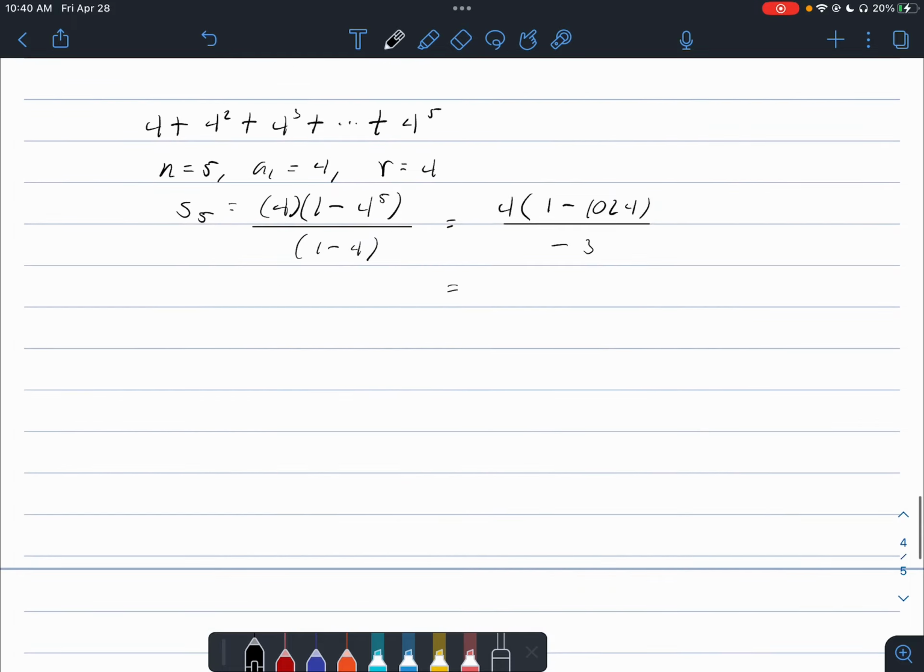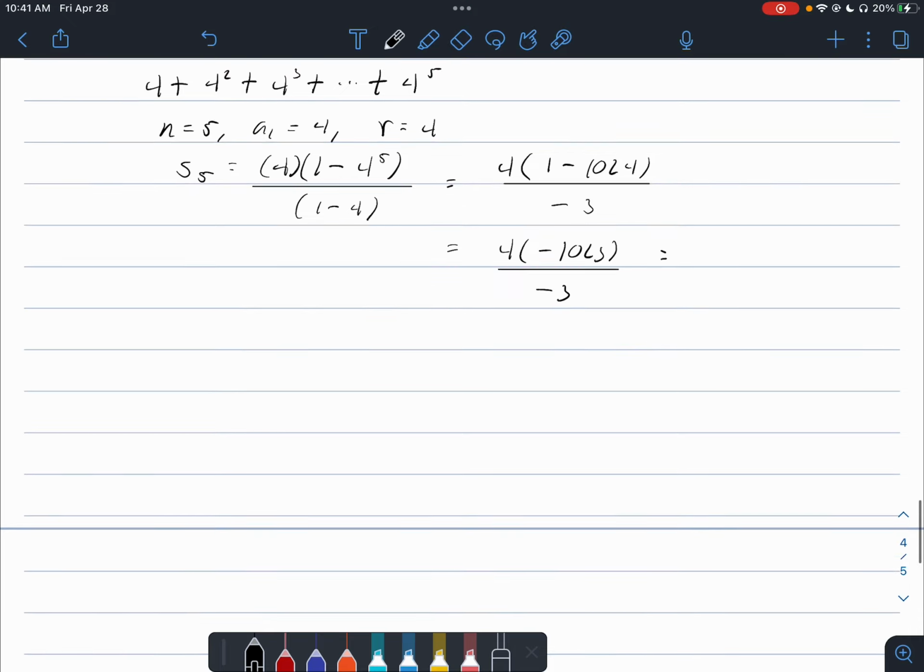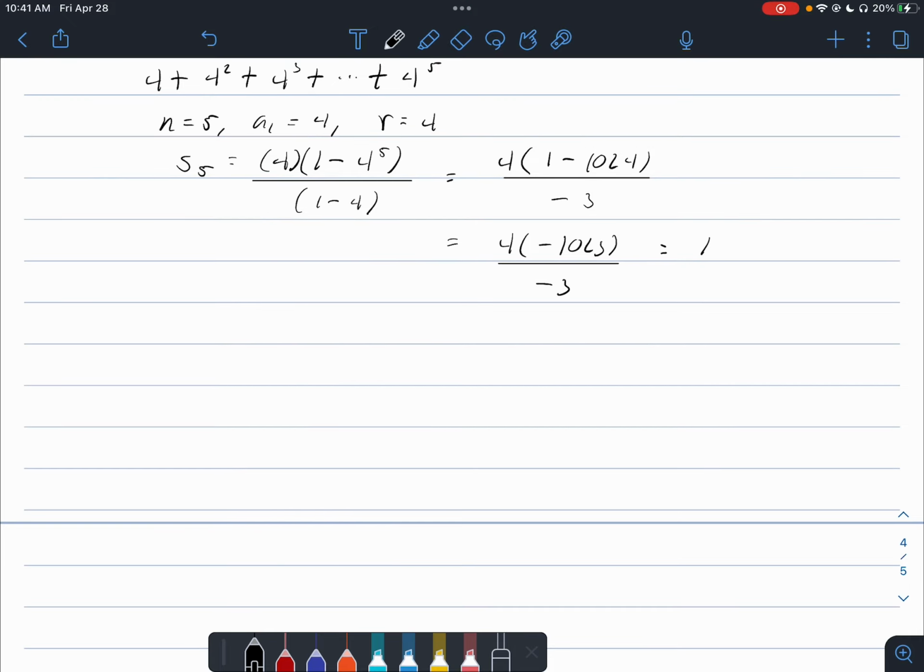Simplifying this a little bit, we get 4 times negative 1,023 over negative 3. If we calculate that, we're going to end up with 1,364. So the sum of the first 5 terms of this geometric sequence is 1,364.